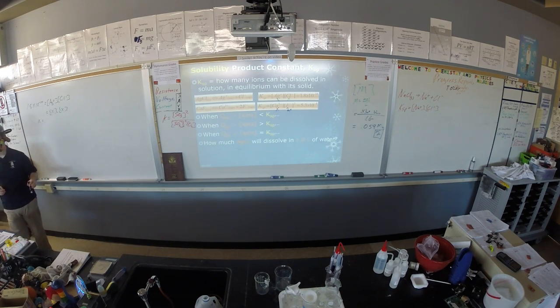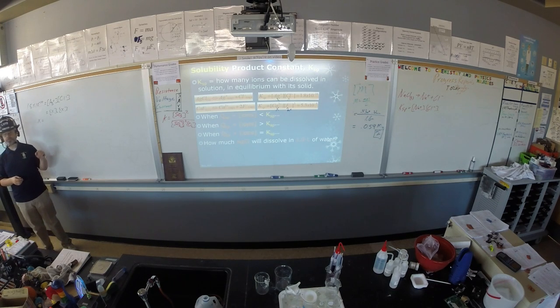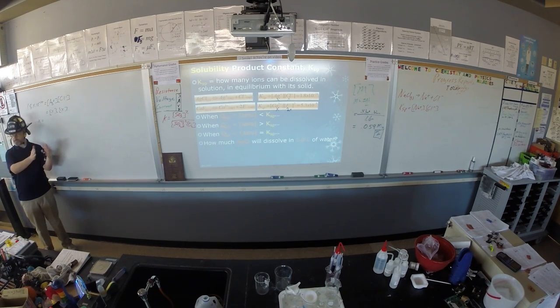Solve for X. What is the concentration of the silver chloride going to be? Or what is the concentration of the silver going to be? What is the concentration of the chlorine going to be?